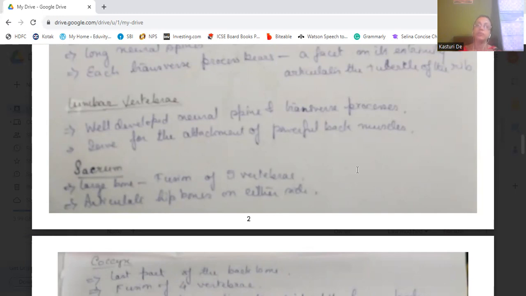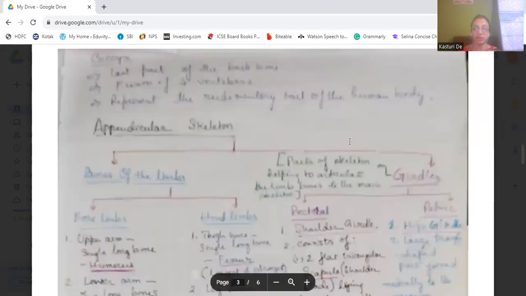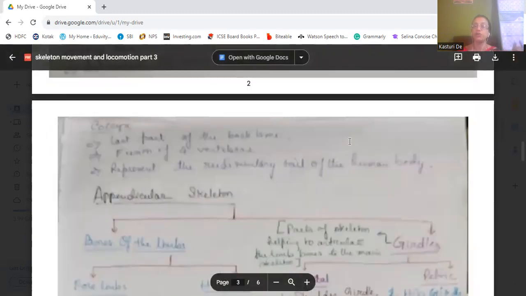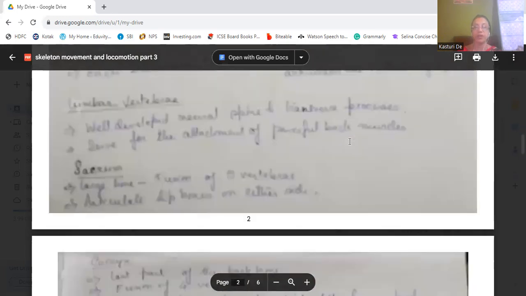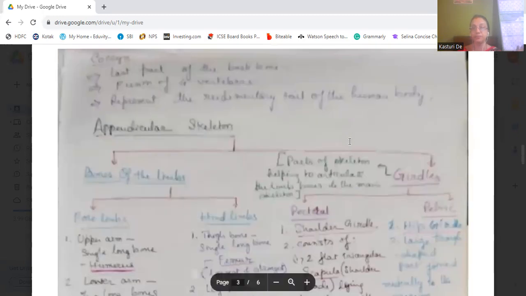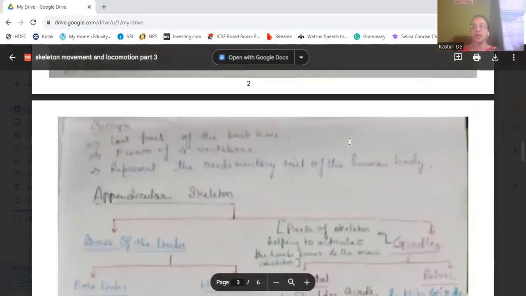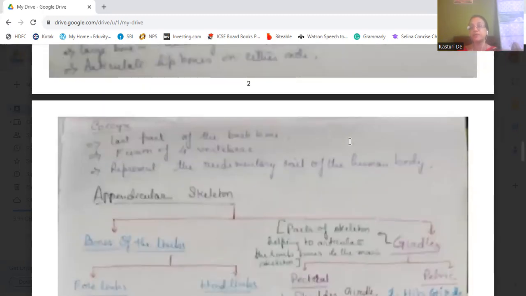Sacrum is the large bone, which is a fusion of 5 vertebrae, and the coccyx region is a fusion of 4 vertebrae. Then sacrum articulates with the hip bones on either side, and coccyx, the last part of the bone, represents the rudimentary tail of the human body.